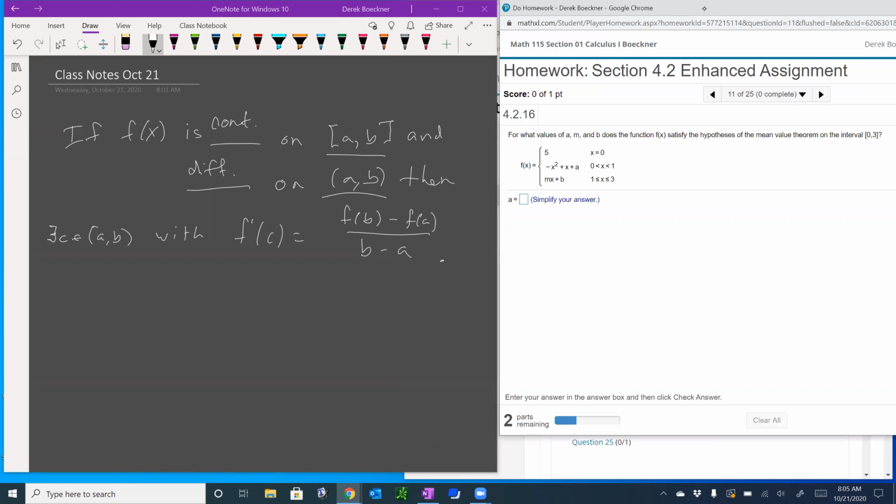What's the interval that we should probably be looking at here? Zero, 3. It actually tells us to look at [0, 3], right? Okay. So we need to be continuous and differentiable.